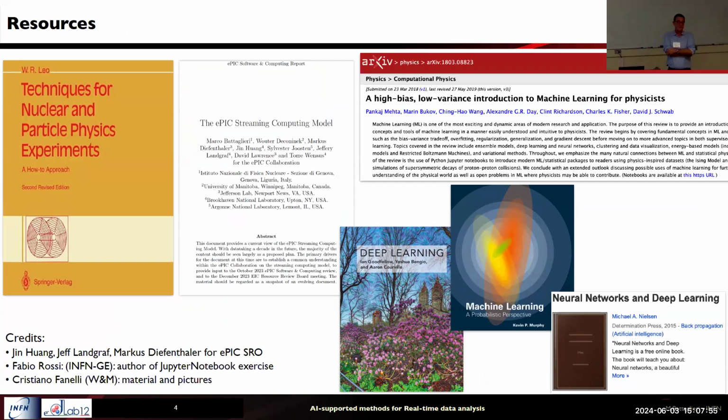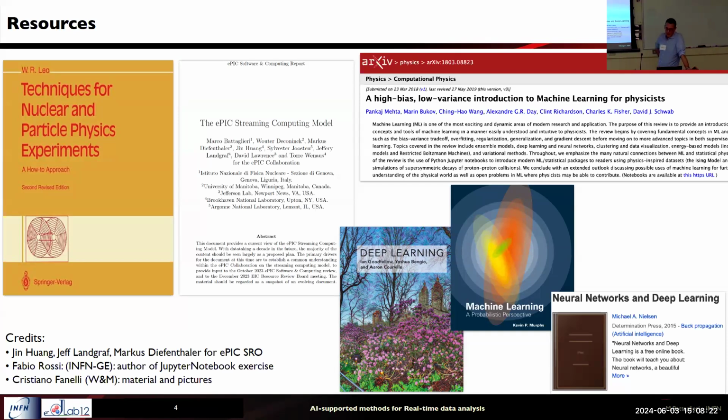As Rosie presented today, 90% of what she was talking about, other than the specific technology, the basic concepts are very well described in the Leo book. And I also suggest reading the EPIC streaming computing model that is specific for the EIC detector we are planning to build in the future.